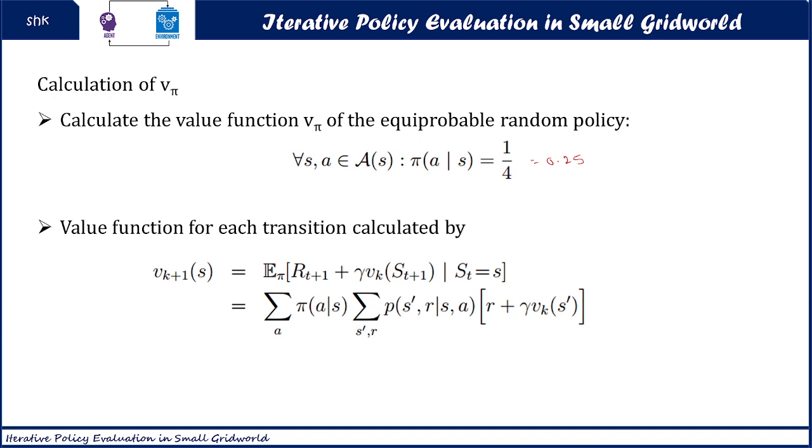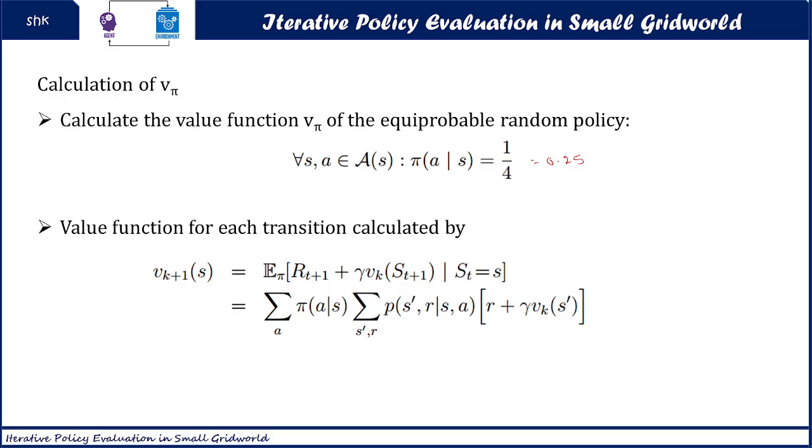The value function at iteration k plus 1 for state S is the expected value of R t plus 1 plus gamma times V k of S t plus 1, given that the current state at time t is S.